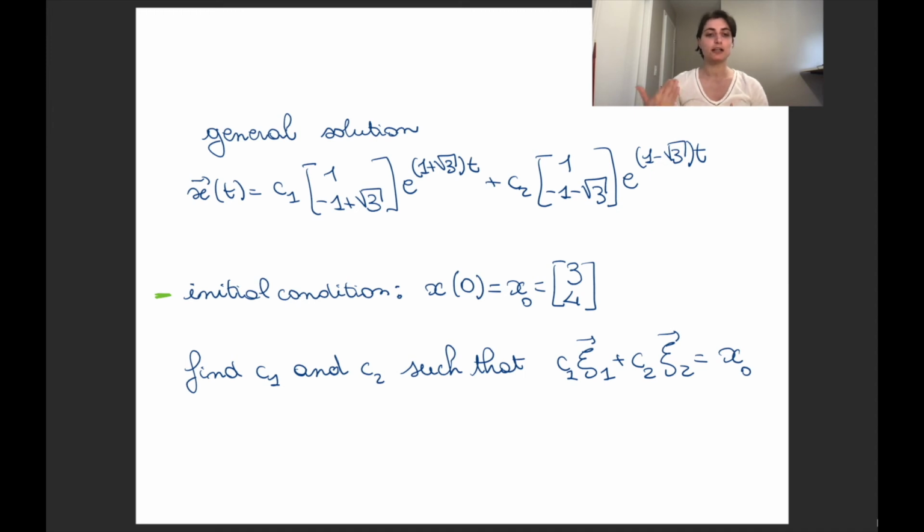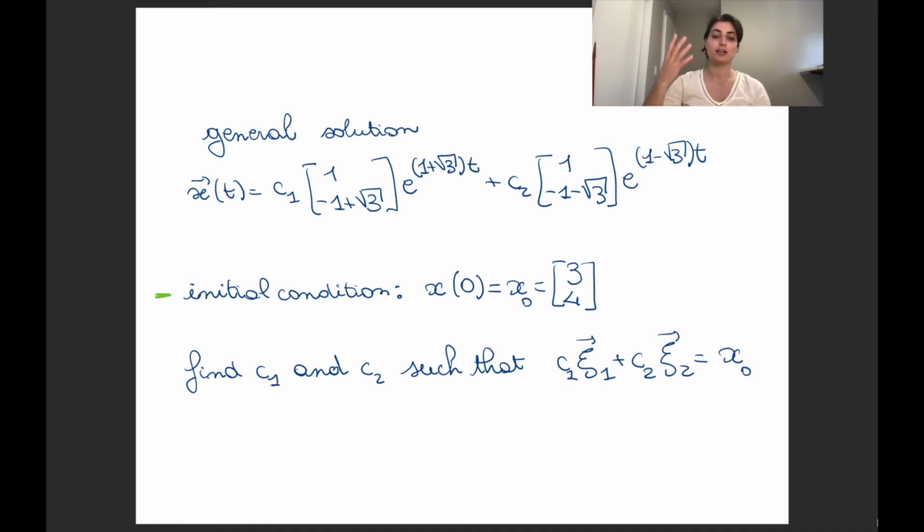So if we plug in an initial condition, for example, we want x at time 0 to be (3, 4), we want to find coefficient C1 and coefficient C2 such that at time 0 our solution is equal to that. That means that the exponentials at time 0 disappear.